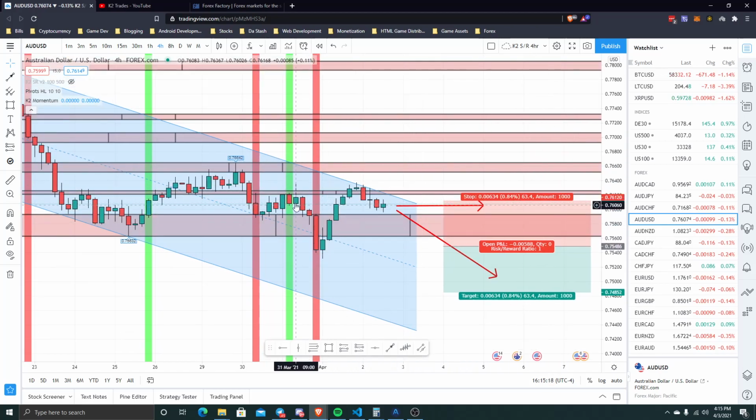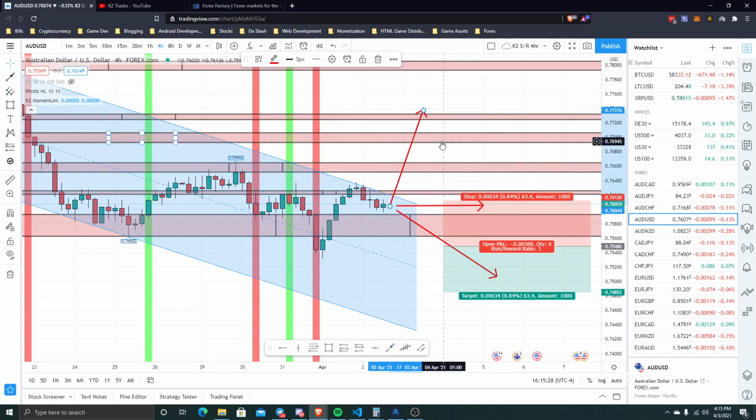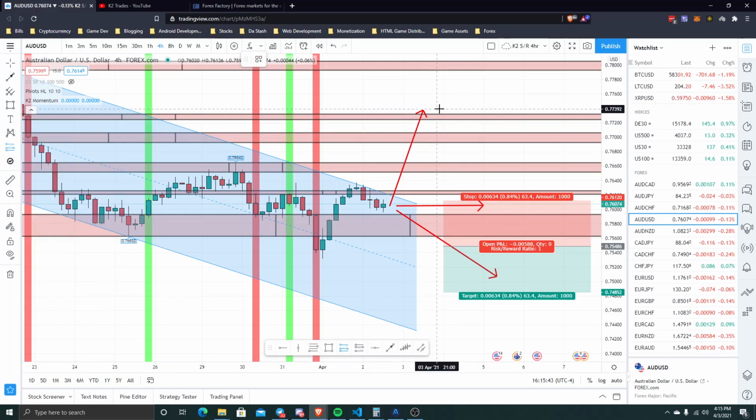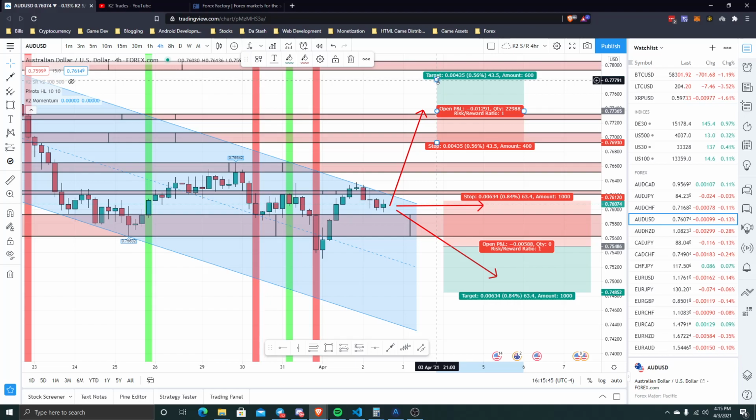Now if this turns into a bullish bias, I won't take any trade until it breaks above this point right here, because with this small space between these zones, it's kind of pointless to try to capture 20 pips. Whereas if I can take a long up here, I can shoot for maybe 50 plus pips.